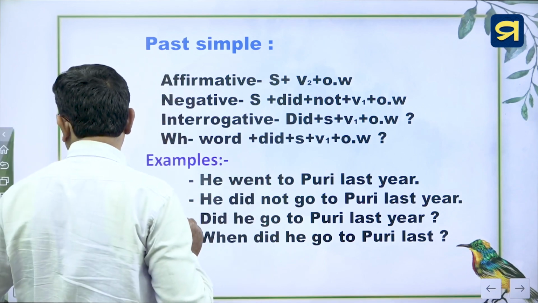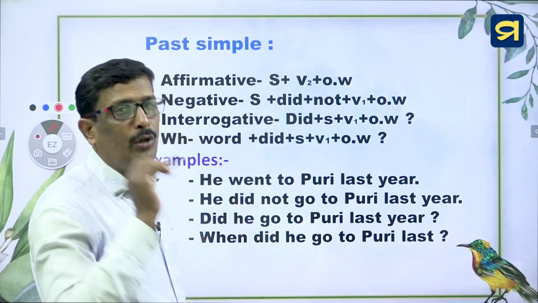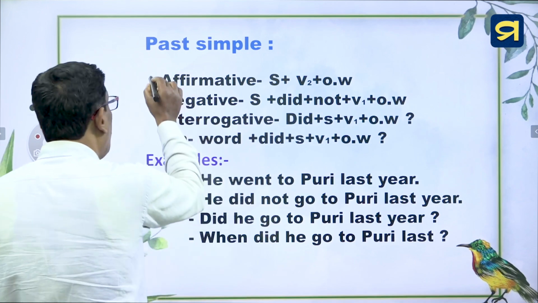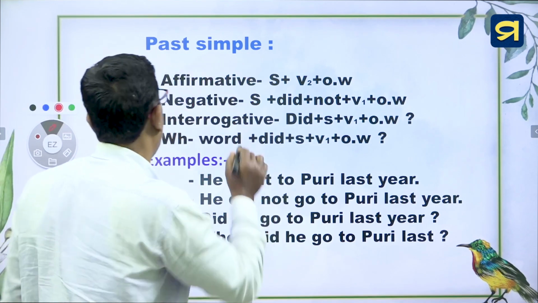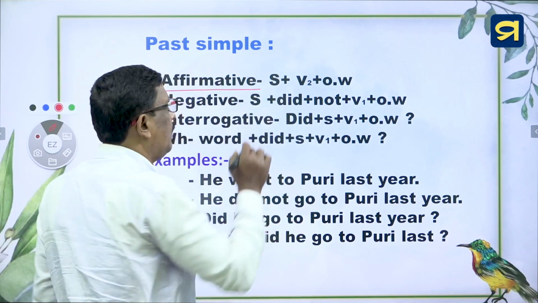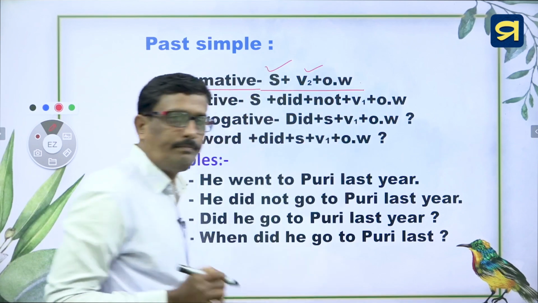Before discussing past simple tense, we are going to discuss its structures or patterns. These are the different patterns of past simple tense. Number one, when we write a sentence in affirmative, subject followed by V2 then other words.